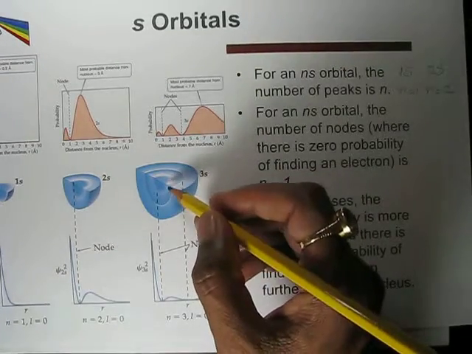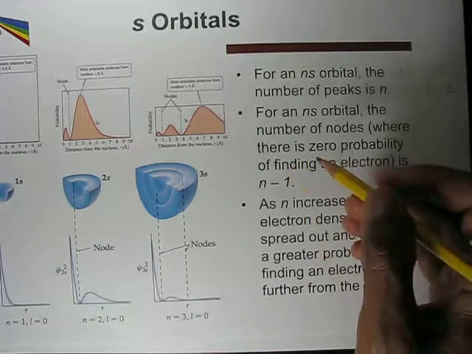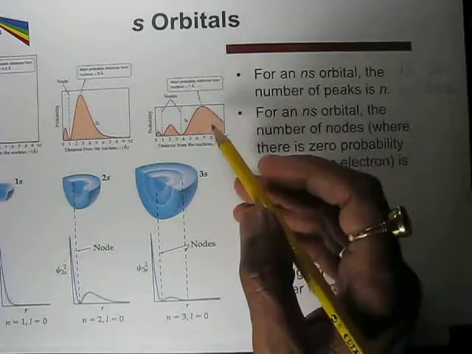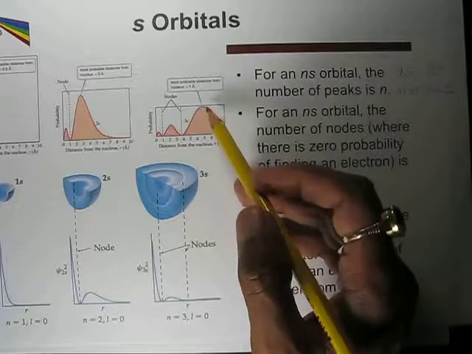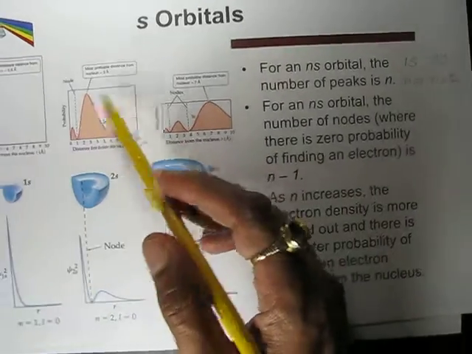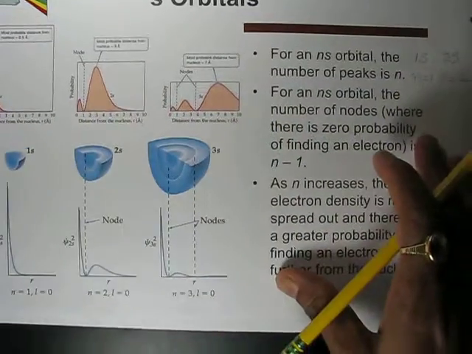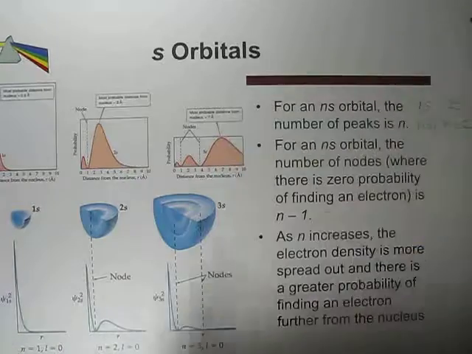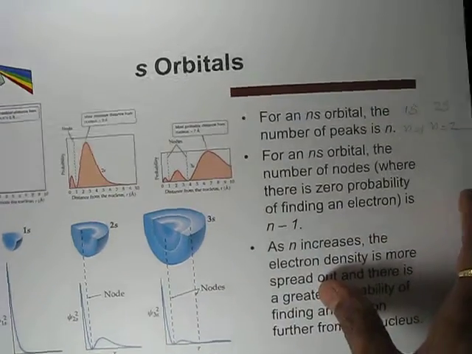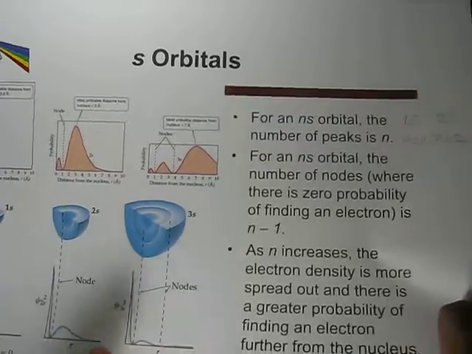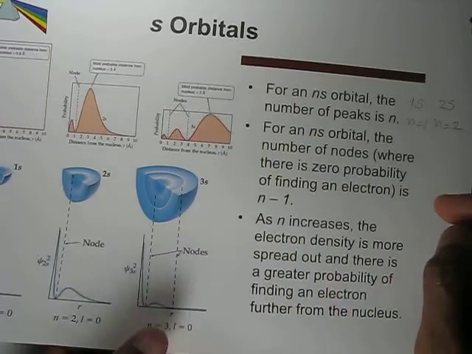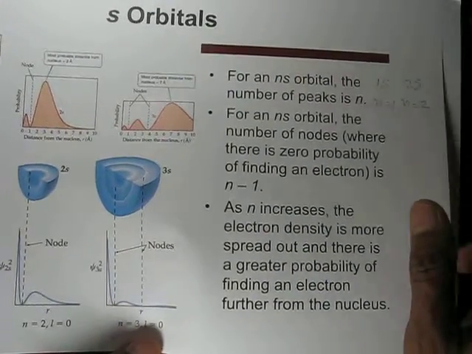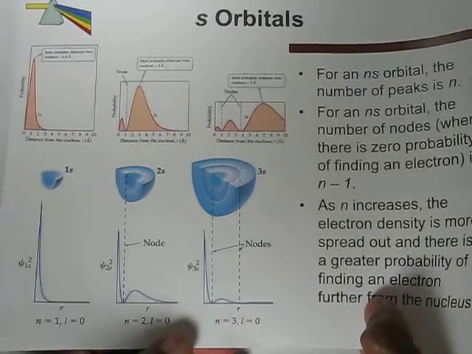At this node the electron finding probability is 0, and most of the electron probability will be in the high peak area. So this shows that s orbital is spherical in shape, and where the electron probability will be more in finding compared to nodes and peaks.